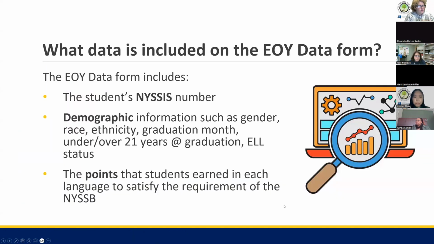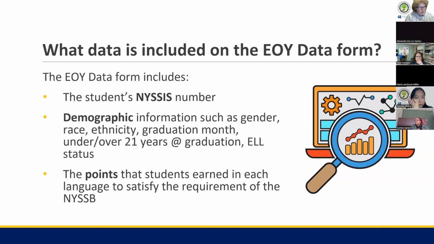So let's talk about what's generally included on the end of year data form. It has the student's NYSSIS number, which is an official number issued by the New York State Education Department and is unique to every student in our state, even if they transfer schools or districts.